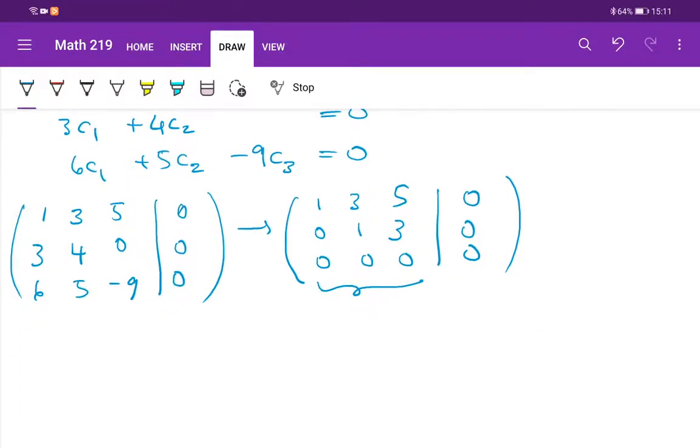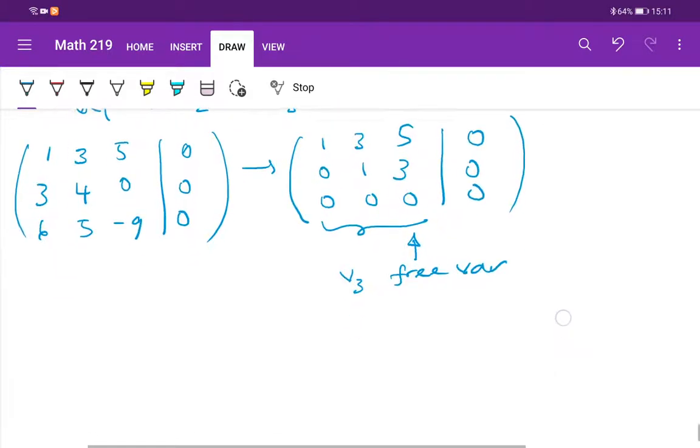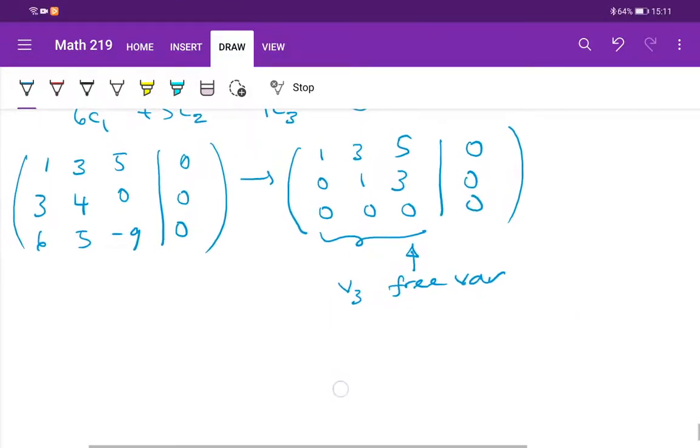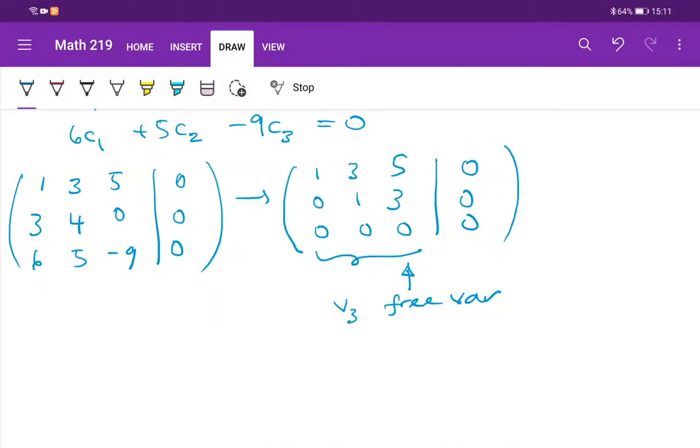And from this, you can see that you have a free variable. So c3 is a free variable, and that's all we need to know. It means there exist non-trivial solutions.